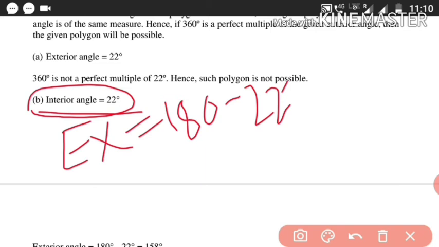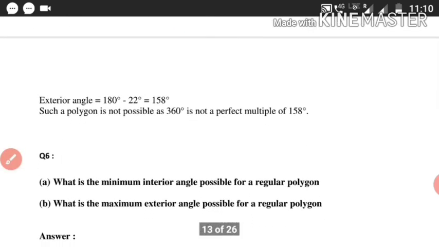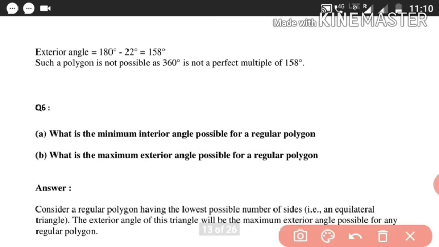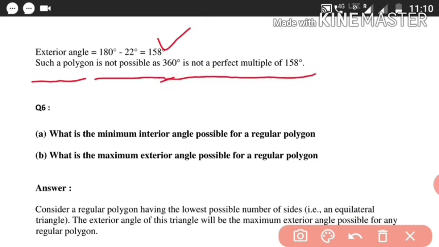If you do the subtraction, how much will you get? 158. Such a polygon is not possible, because 360 is not exactly divisible by 158, so 360 is not a perfect multiple of 158.